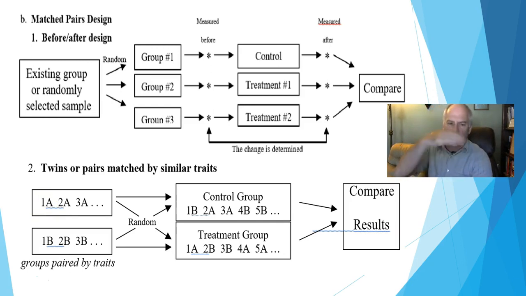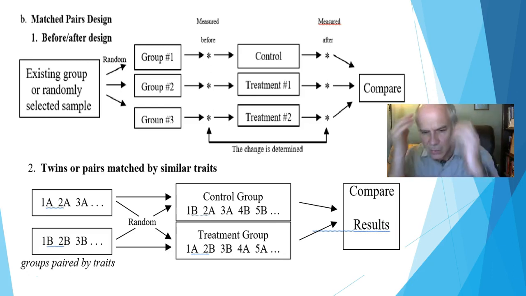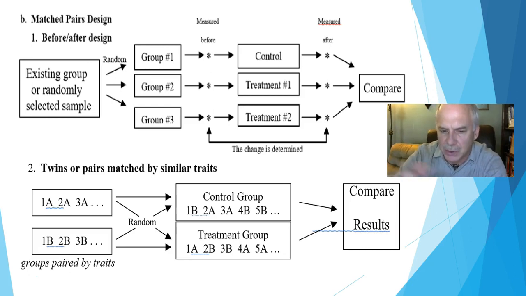But you put one of them in one group and one of them in the other group, and then you randomly decide which ones go into which group, whether they go into the control group or the treatment group. So there's some randomness in deciding which would go in which group. Then after that, you look at the results between the 2 groups and see the effect.